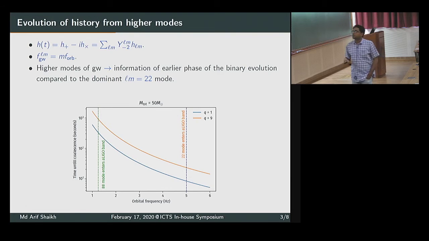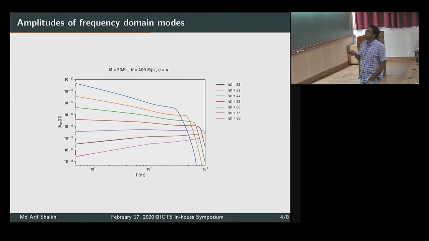So let me show how the amplitudes of these different higher modes compare with the 2-2 mode. This is a plot assuming that the orbit is circular. We see that the higher modes have very small amplitude compared to the 2-2 mode, which is the dominant mode.